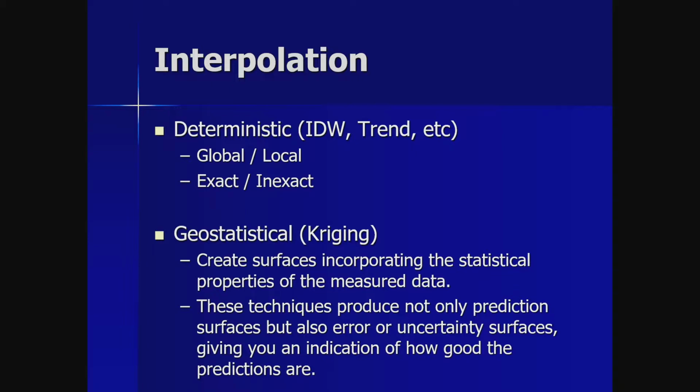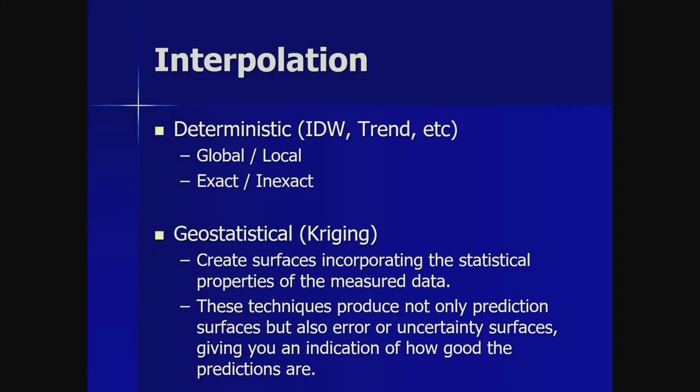We might be concerned with pollution in a water body like Bay St. Louis or Biloxi Bay, and we might be trying to model that. Well, we go out there and we take measurements. We sample the water, and we find out how many parts per million there was of a particular pollutant.